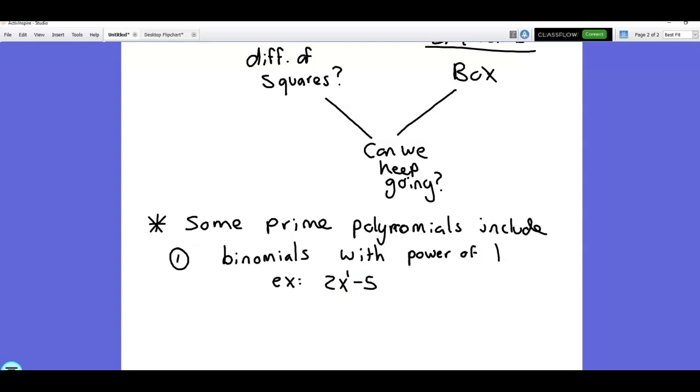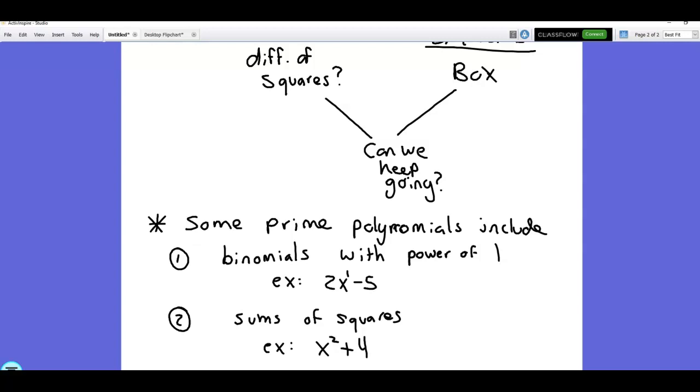It's definitely not going to factor. Something else that's tempting to do difference of squares with is sums of squares. We talked about that yesterday. So for instance, even though something like x squared minus 4 can be factored using difference of squares, x squared plus 4 cannot. So if we come across something like that, we're not going to worry about it.